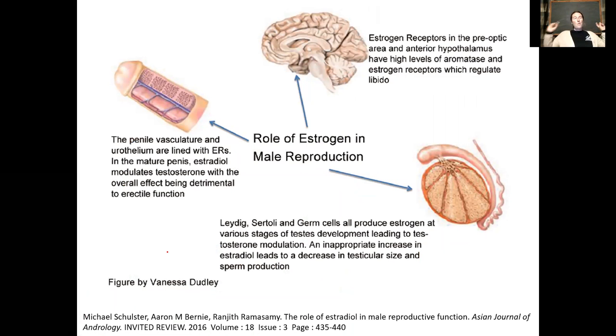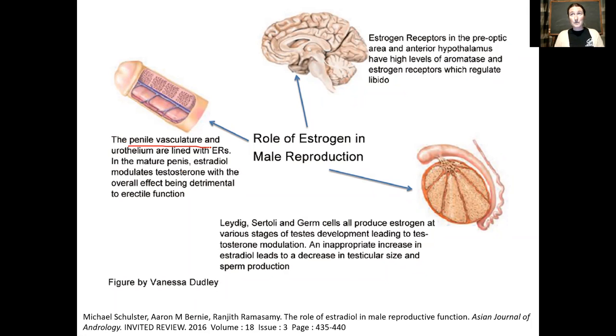Okay, so one enzyme determines if you have testosterone or you have estrogen. Estrogen is also used in the male reproductive system, in the male body, at very low levels, of course. And here are some of the ways that it does influence the male reproductive system. First of all, penile vasculature, right? The blood vessels that deliver blood into the penis itself and lead to an erection are lined with estrogen receptors.